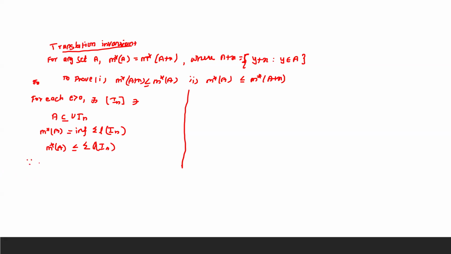Next, since A is contained in the union of In, A plus x is contained in the union of In plus x.